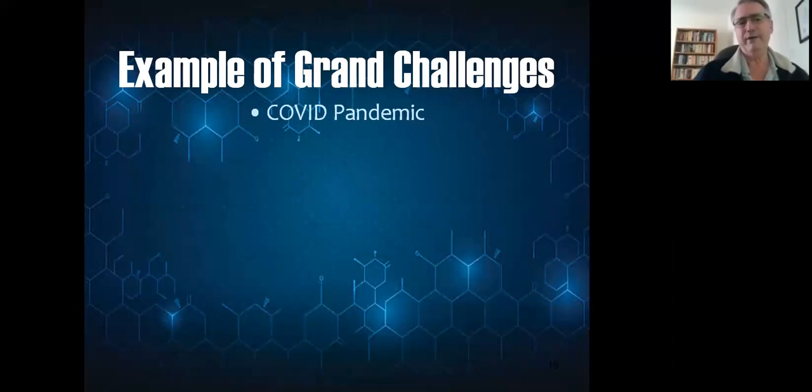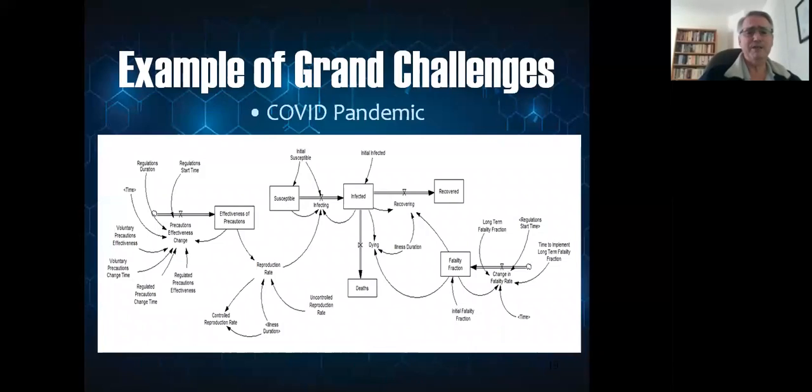Another important area that System Dynamists are working on is the COVID pandemic. And there's an entire page on the System Dynamics website with links to all the work being done by System Dynamists in the area of the pandemic. This is a model that I was working on of the COVID pandemic in Colombia and in Canada.